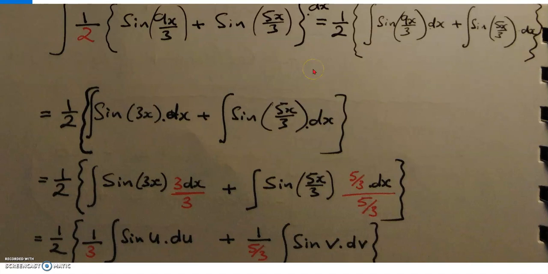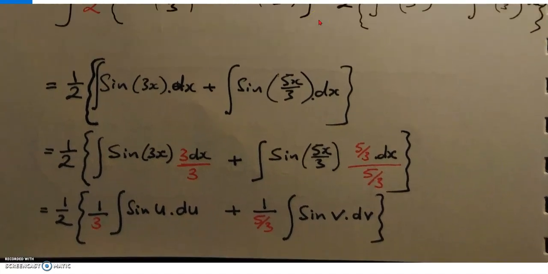All right, now just watching my time, I've got 4 minutes left. So this becomes the integral of sine 3x dx plus the integral of the sine 5x over 3, like that. Now, again, I'm doing the same thing. I'm letting u equal 3x. So I'm going to be multiplying this dx by 3, but I'm going to divide by 3. Same here. When I differentiate v equaling 5x over 3, I'm going to get 5 over 3.